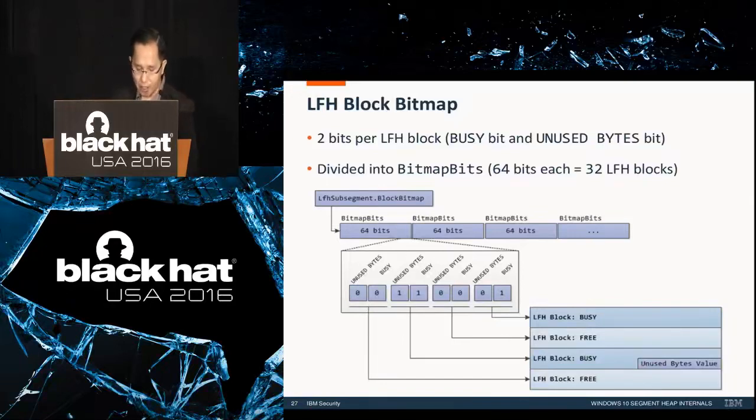The difference is stored in the last 2 bytes of the LFH block. Also, the LFH block bitmap is divided into 64-bit chunks, which I call the bitmap bits, and each of these represents 32 LFH blocks.